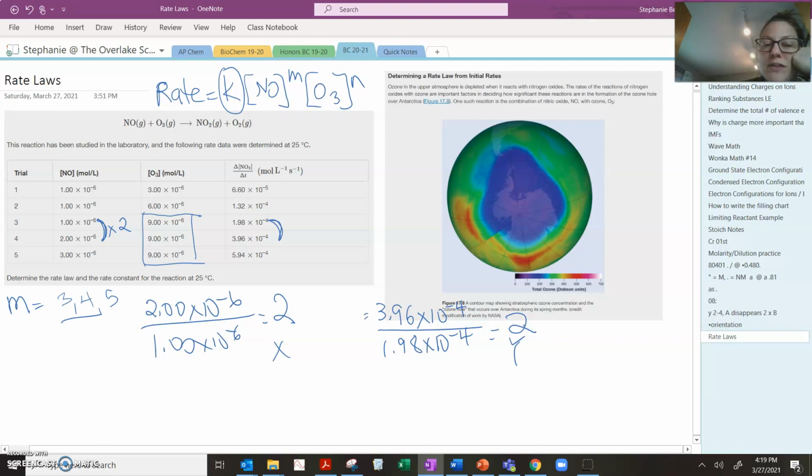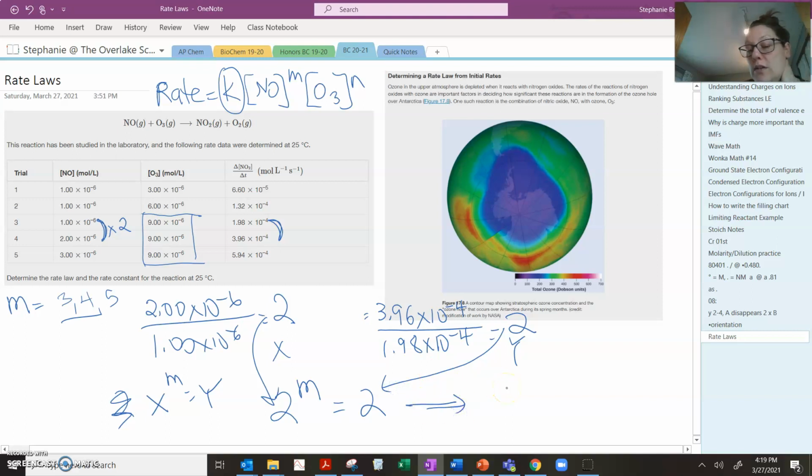So now what this means is when I double the concentration, the rate also doubles. And so that dependence is going to follow the formula x to the m equals y. All right, so this is this, and this is this. And so I know that 2 raised to the first power is going to equal 2. So m is equal to 1.